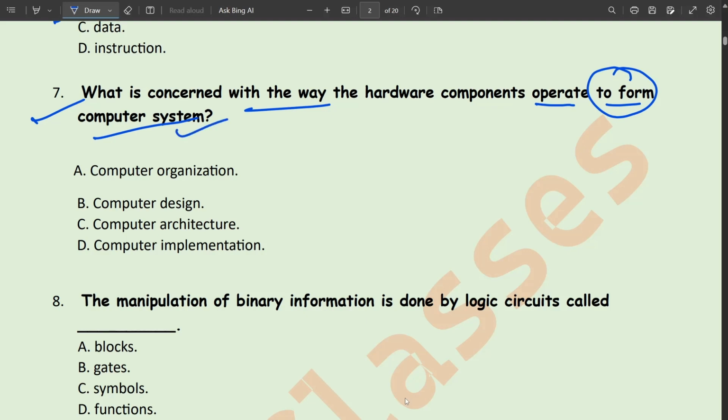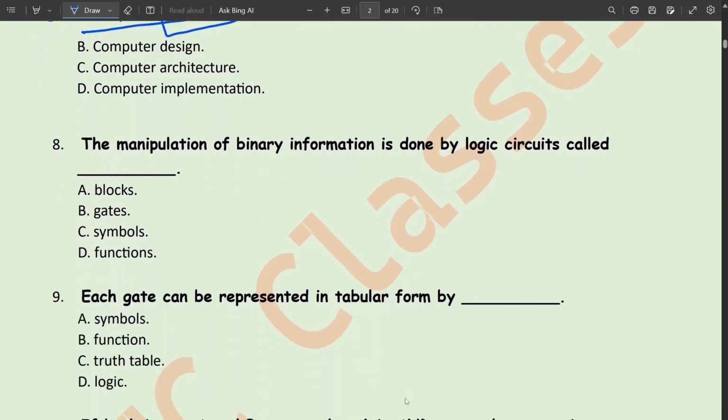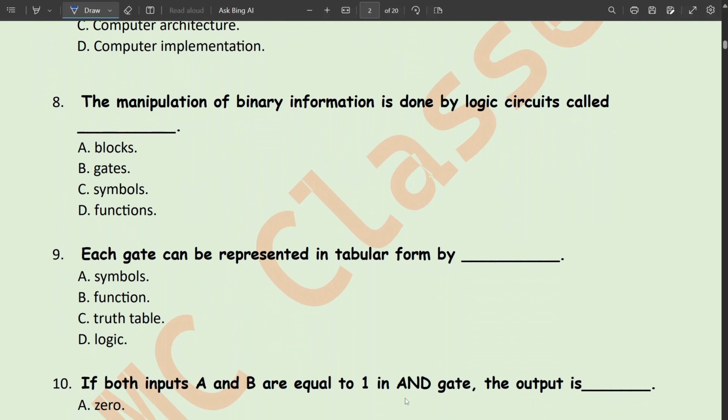The answer will be computer organization. Next, the manipulation of binary information is done by logic circuits called gates.